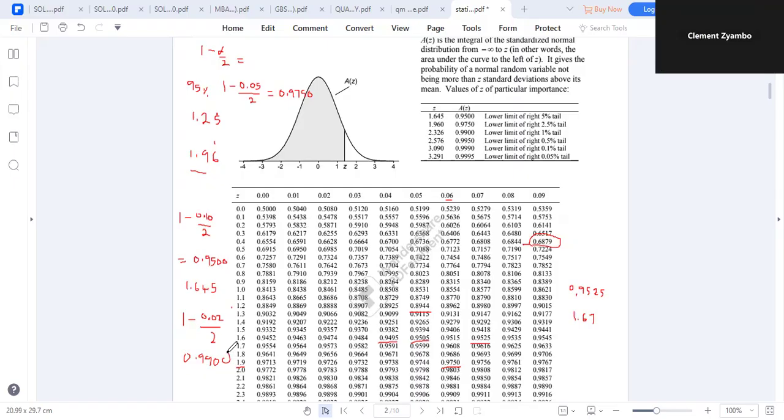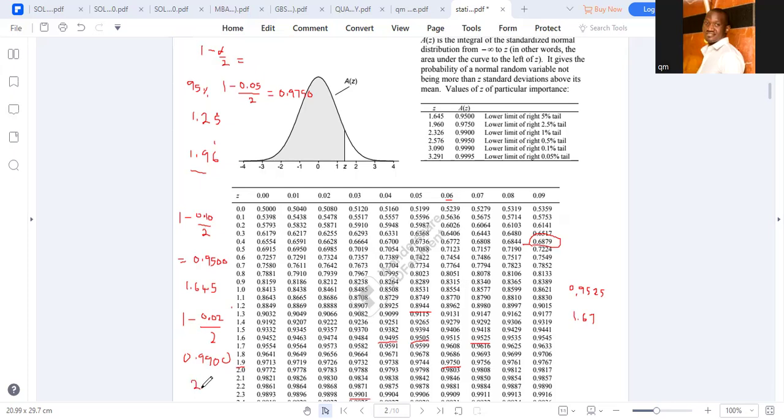Yes, sir. So let's look at what is the reading now for 0.9900. It will be between 2.32 and 2.33. Which one is the closest? 2.33. Right?